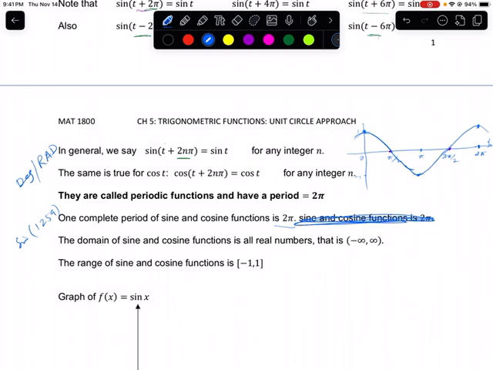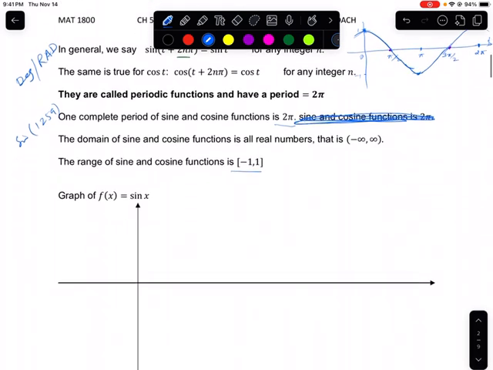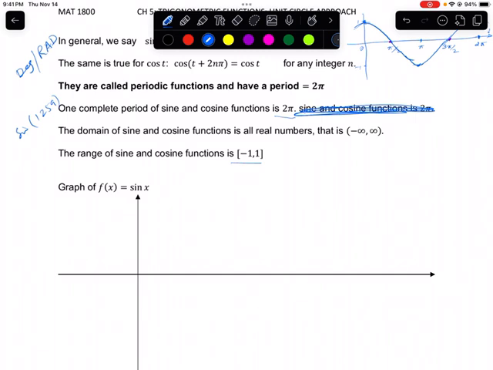So radian and degree, these are the two measures of angles which we will study later in the next section probably. Okay, so the range of sine and cosine functions is -1 to 1. So the maximum value that sine and cosine can have is 1 and the minimum value they can have is -1.